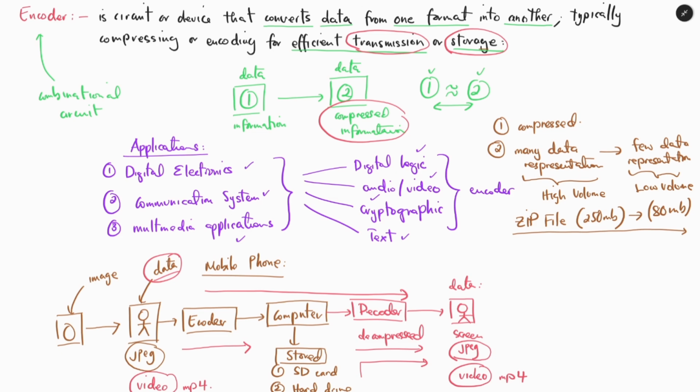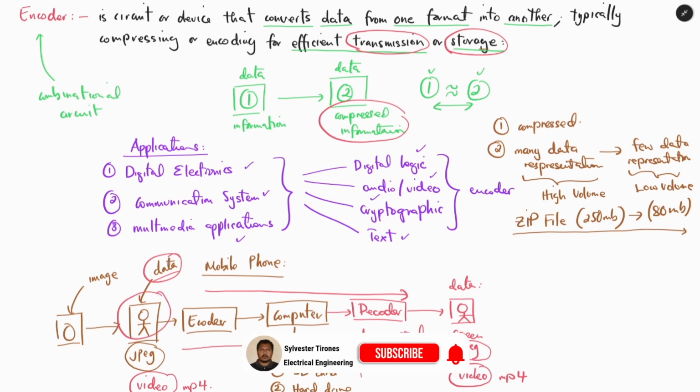In our next video, we are going to look at the circuit of the encoder and how information from one format can be encoded to another different format or binary representation that can be stored. So you can continue to watch if you want to learn more about the encoder and its circuitry.